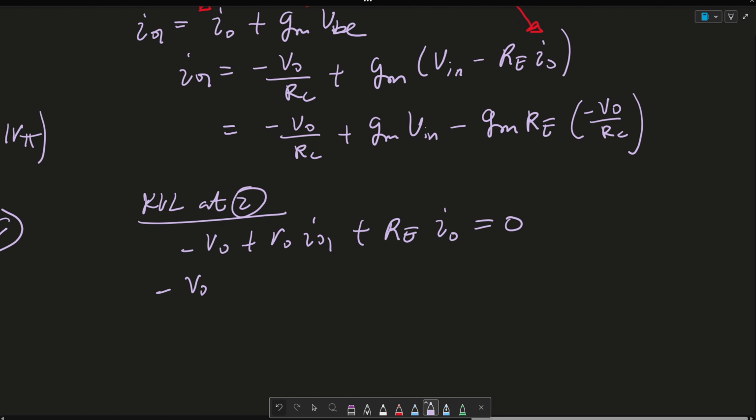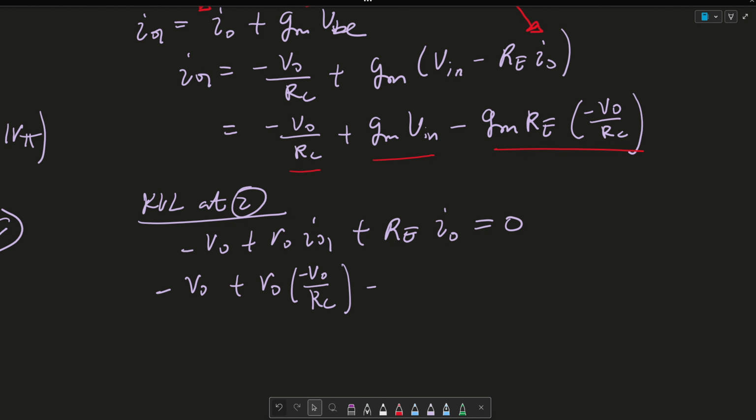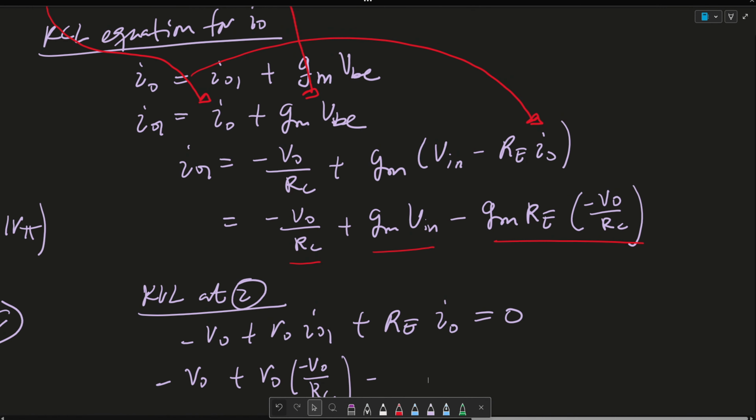This is VO plus RO. I'm going to distribute my RO to all these terms. So RO times minus VO over RC minus, so I made a mistake here.